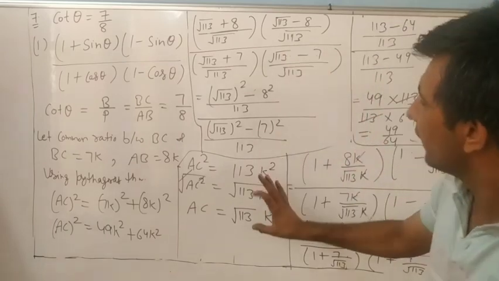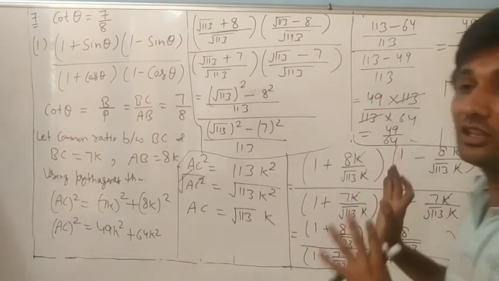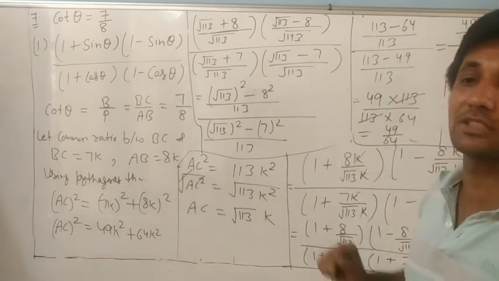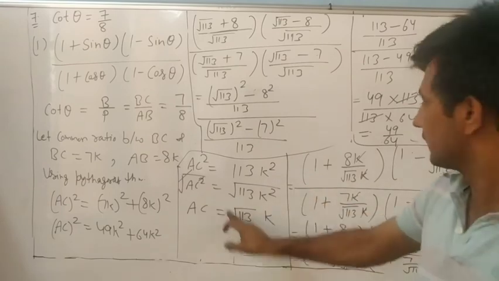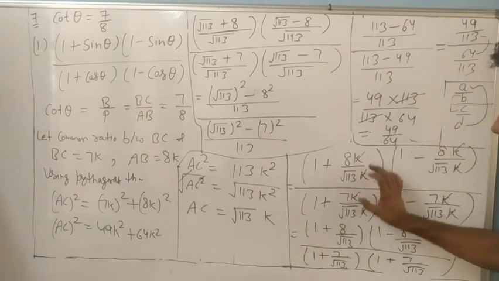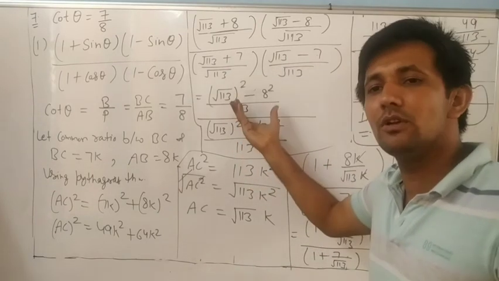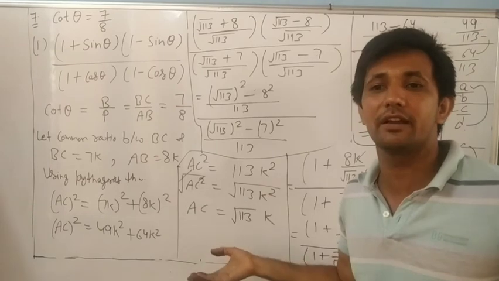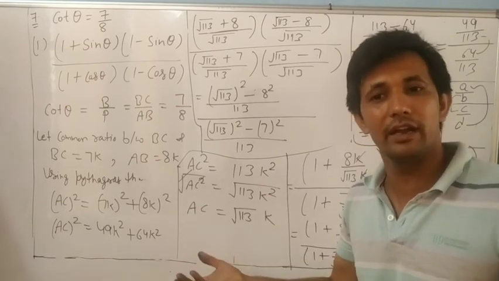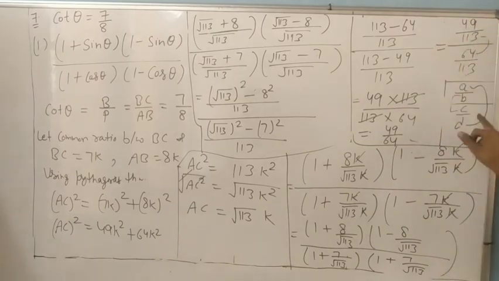I wrote a lengthy process here, but you can skip some steps and directly write the formula, and take the LCM. Everything here is in the basics of the 6th, 7th, 8th class. And how to cut: always remember, first and fourth, second and third.